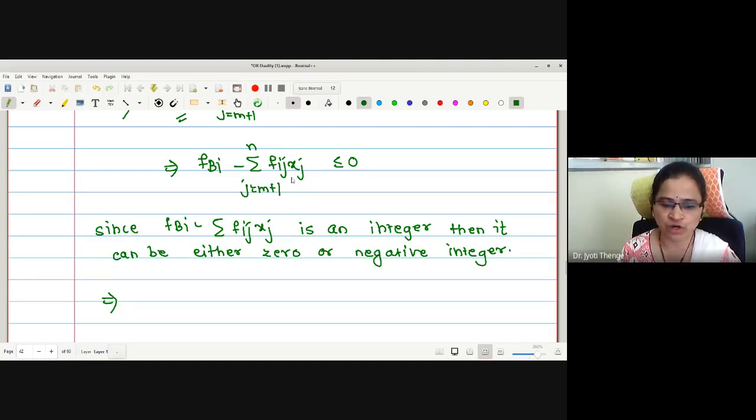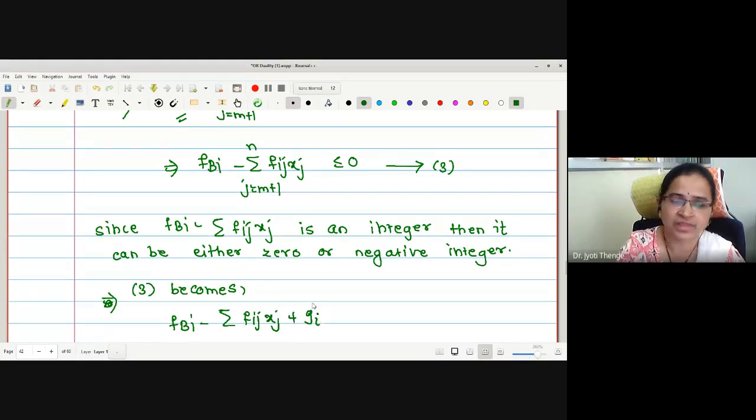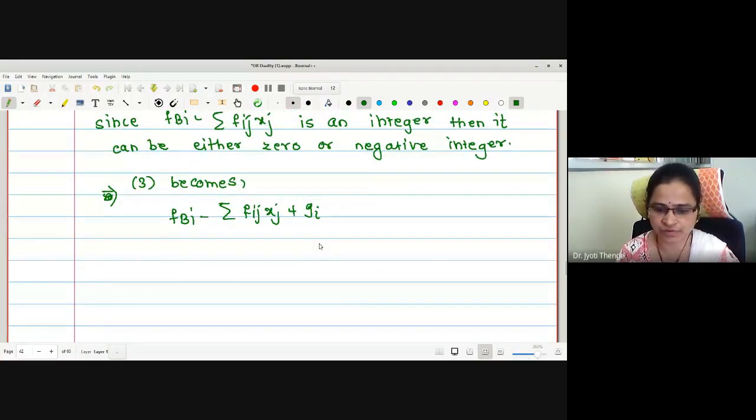To do this, we want a slack variable. Therefore, here let us add the slack variable. What is statement number 3? Okay. Now 3 becomes, let me add a Gomorian slack variable, say gi. The ith constraint we have selected, therefore we were using a notation gi.